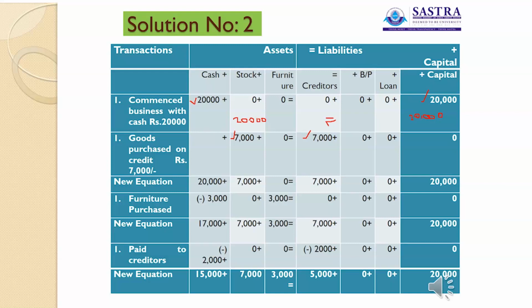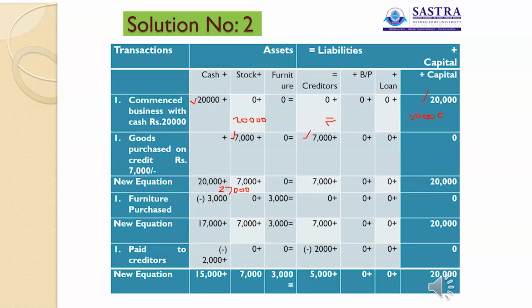So the value is here already 20,000 we have, here 7,000. So the total value is new equation. New equation is 20,000 here, here 7,000, here 0, here 7,000, 0, 0, here 20,000. So the value of 20,000 plus 7,000, 27,000. So asset side 27,000.